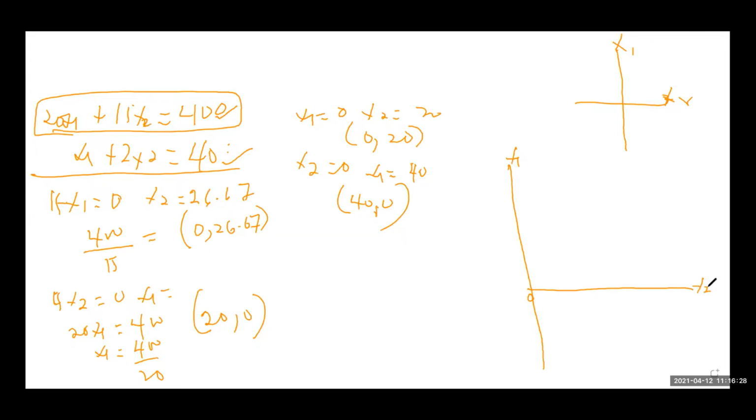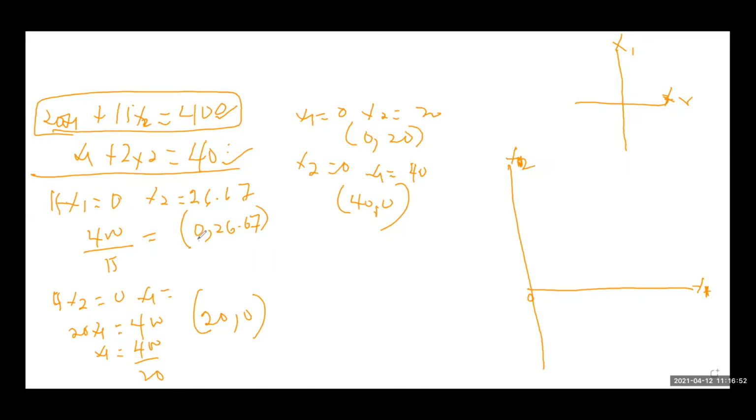Okay. Therefore, if I want to plot my graph, sorry, this is x2 and this is x1. What do I do? So x2, x1 is to pick this coordinate.